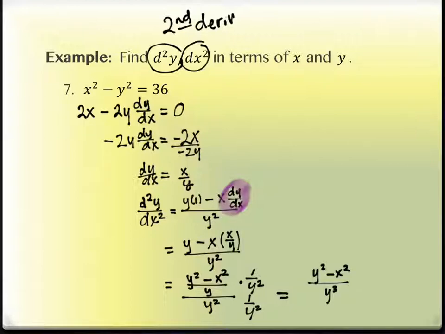There's one more cool thing. One more really, really cool thing. Do you notice what that numerator is? It's almost the same thing we started with. If x squared minus y squared is 36, what is y squared minus x squared?